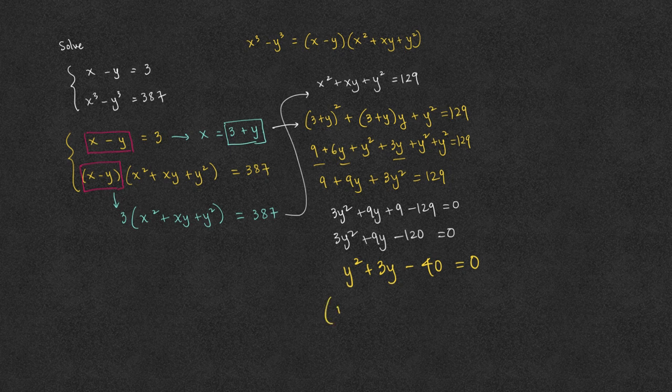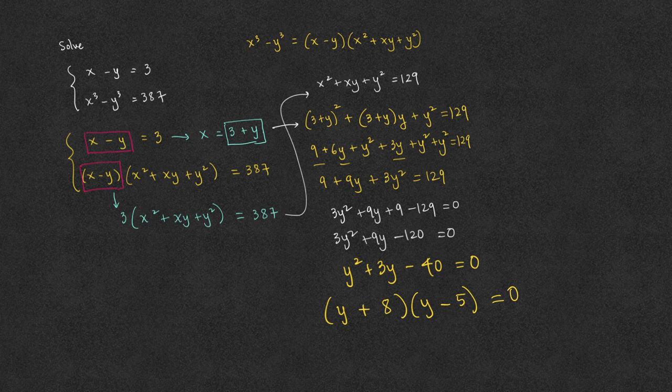This can be factored as y minus 8 times y minus 5. But minus 8 times minus 5 is positive 40, and we would need the two numbers to add up to positive 3, and so the larger number has to be positive. y plus 8 times y minus 5 would work in this case.